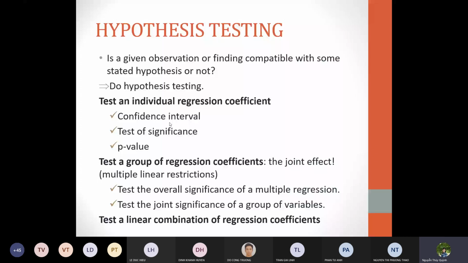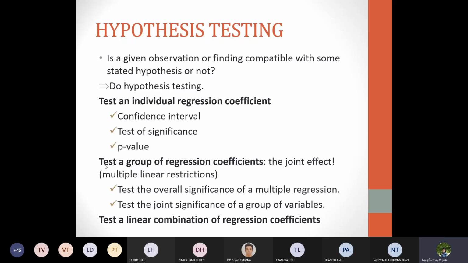The second test is the test of a group of regression coefficients, which means that we test the joint effect. Not the individual effect of an independent variable on the dependent variable only, but the joint effect of a number of independent variables on the dependent variable.